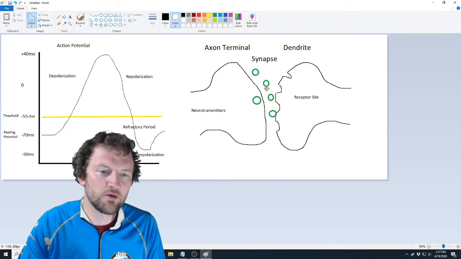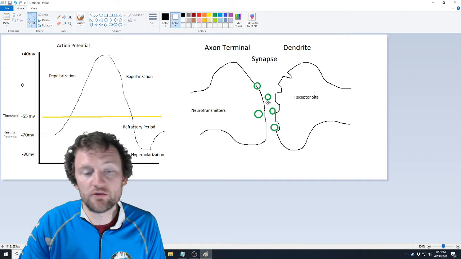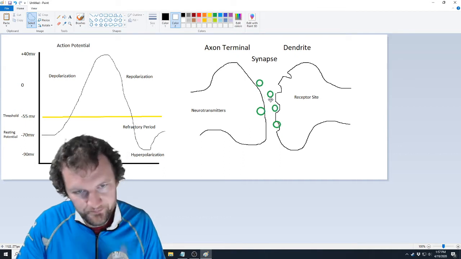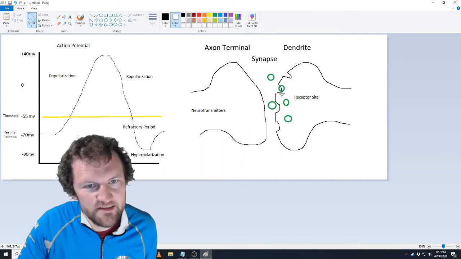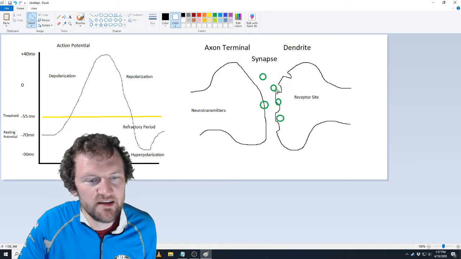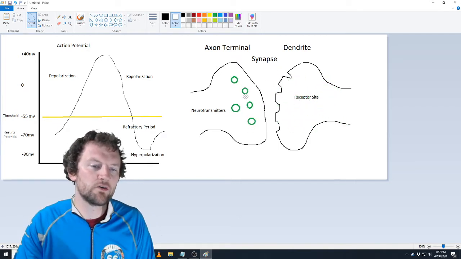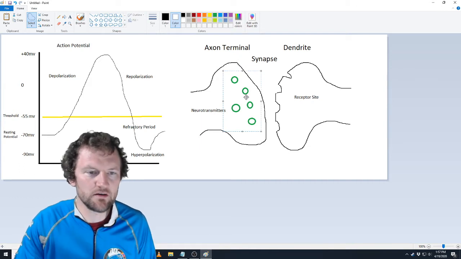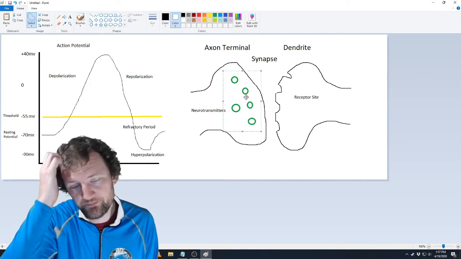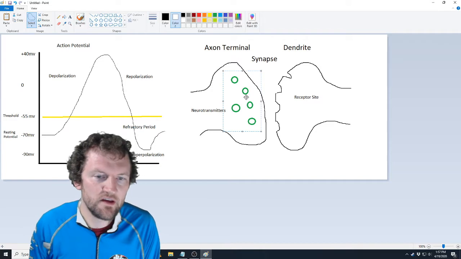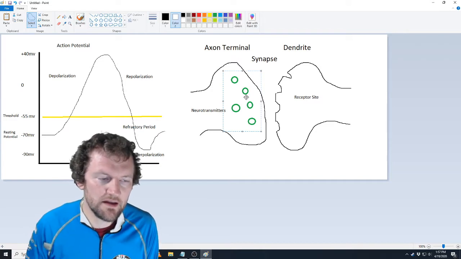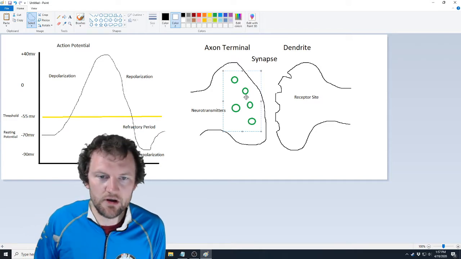In this case, I drew a whole bunch of circles, and these receptor sites look like half circles. Perfect, they fit. Great. If they fit, then they bind to the receptor site, and they send a message to the receiving neuron, which increases or decreases depending on what kind of a neurotransmitter it is, but usually increases the electrical signal of the receiving neuron.